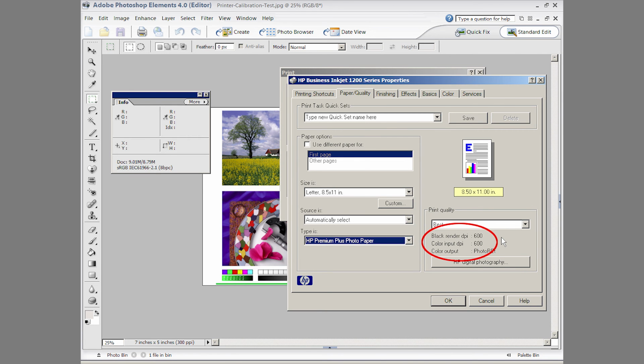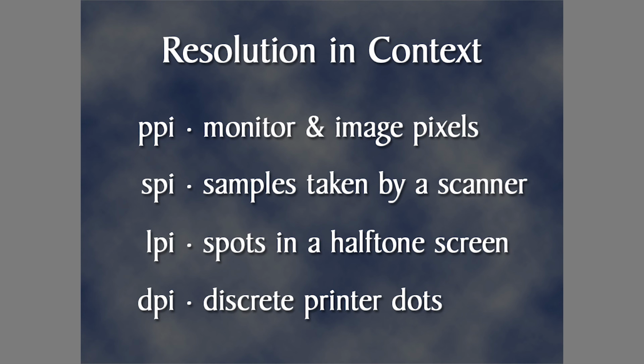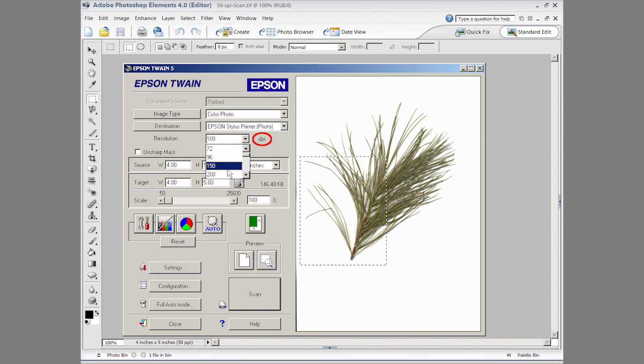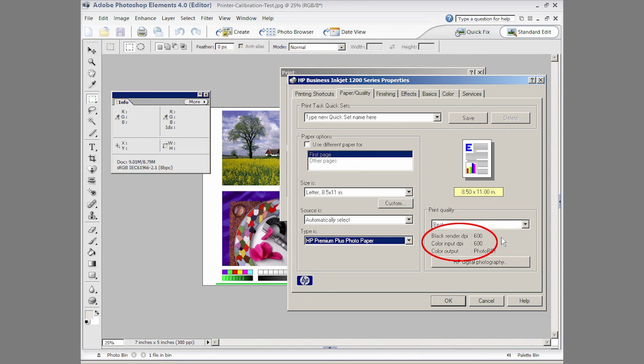They use the term DPI to describe the resolution of a printer. Hey, what do you know? I agree. The tiny dots that are generated by a printing device are properly described in dots per inch. I'm not surprised to see how much confusion there is in the digital imaging industry. If you adopt my philosophy, you'll immediately know the medium we're talking about from the context of the measurement system: PPI, SPI, LPI, and DPI.